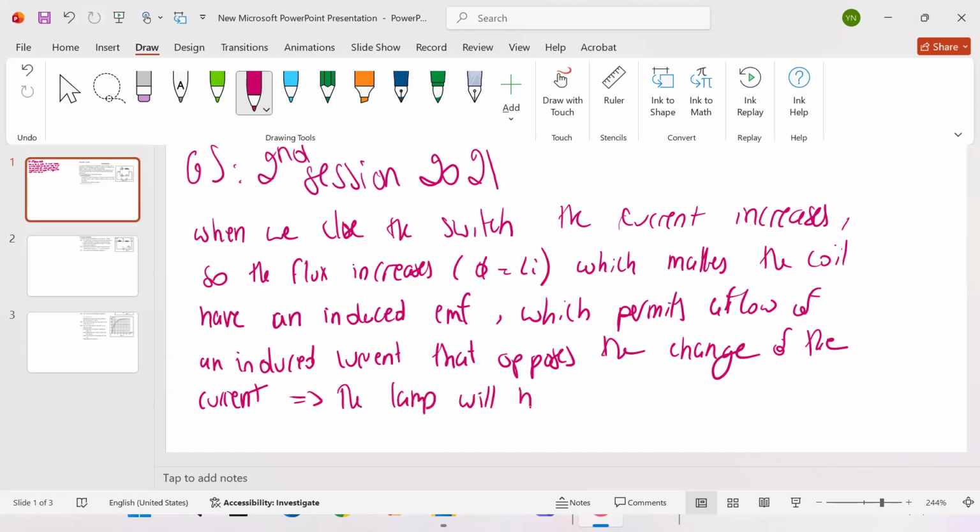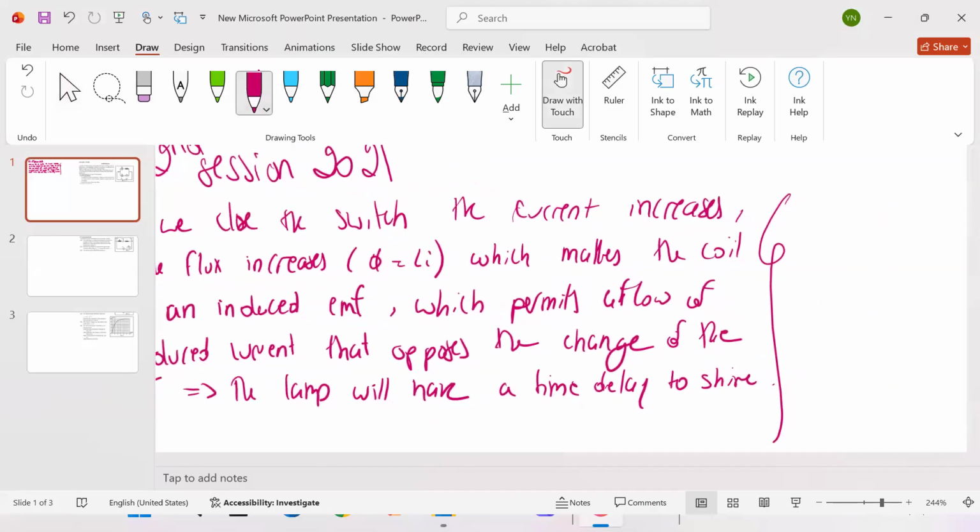You can write this in your own words. And this is, by the way, what we call Lenz law. The whole thing that I just explained here is what we call Lenz law. And some students feel stuck.